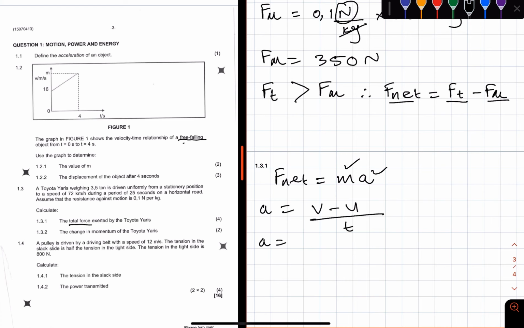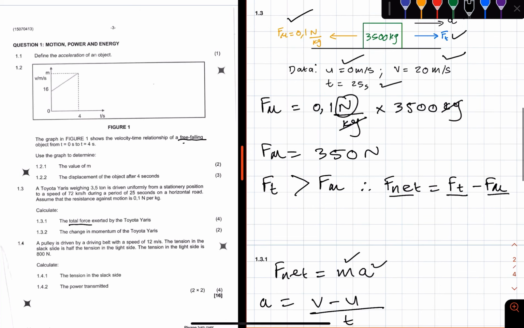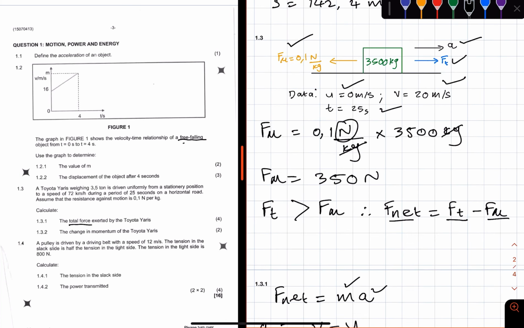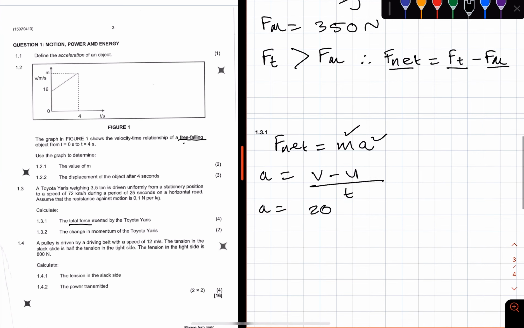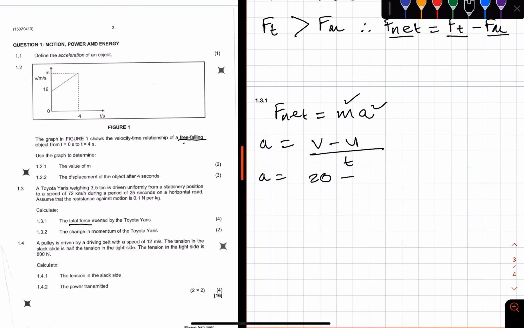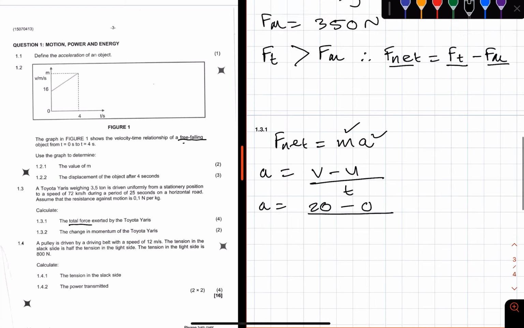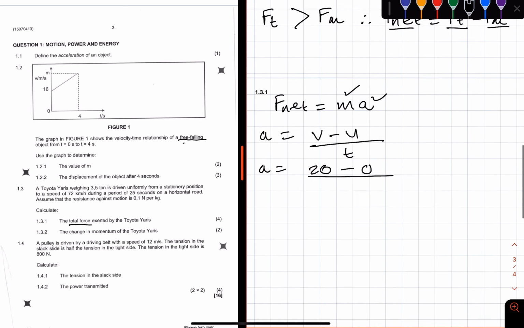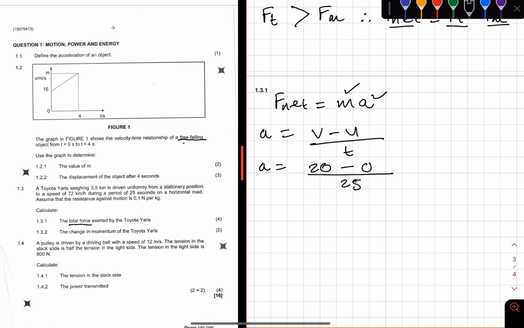So acceleration is equal to the final velocity, 20 meters per second, minus the initial velocity, which is 0 because the Yaris started moving from a stationary position, over the time t, which is 25 seconds. If you punch this in, we get 0.8 meters per second squared.